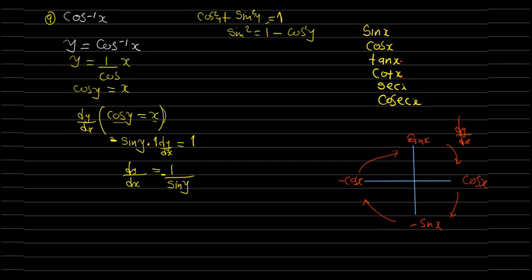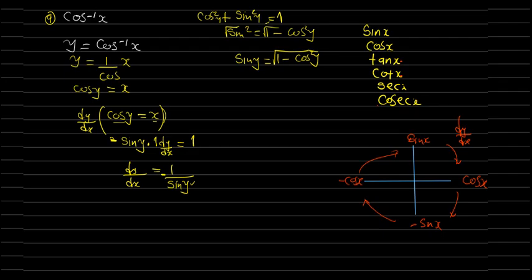We root everything so that we remove the square, because we don't have a square there. So sine y is the root of 1 minus cos squared y.